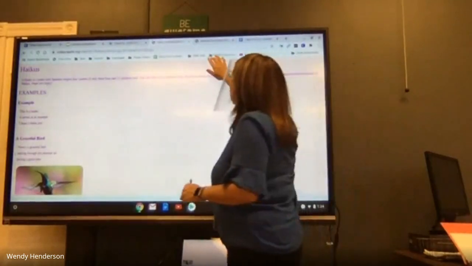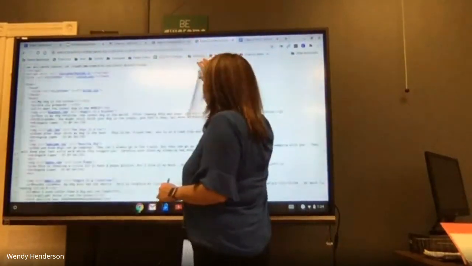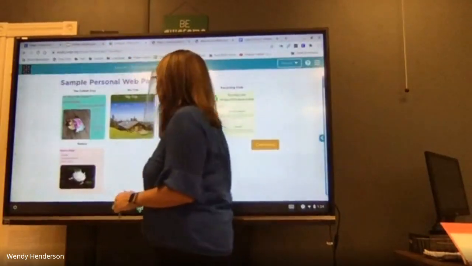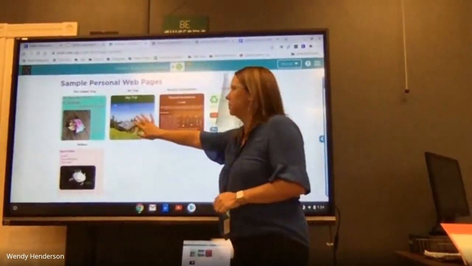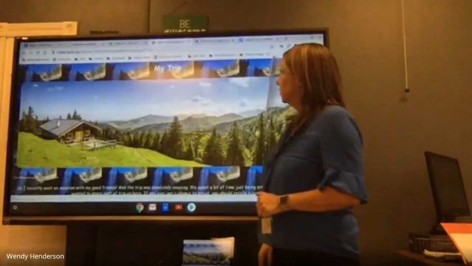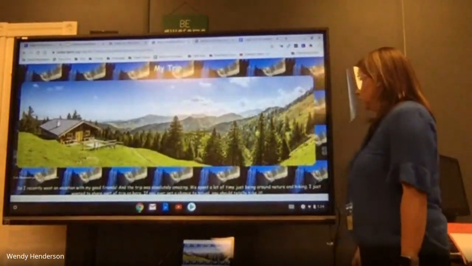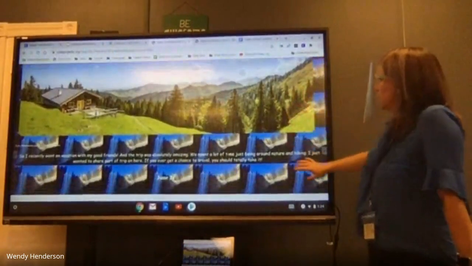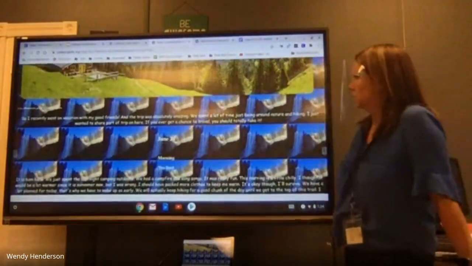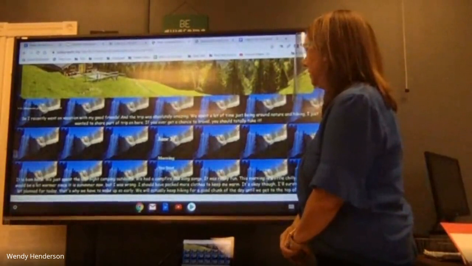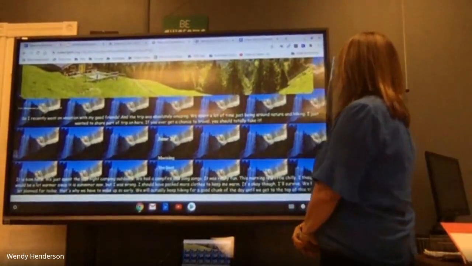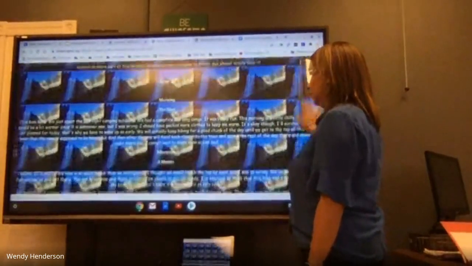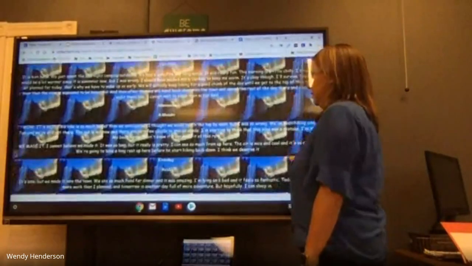All right, let's go and look at the other 2, even though we're not going to fill out the sheets. Let's look at My Trip. Why are there so many pictures of the same thing? Did she take this picture?